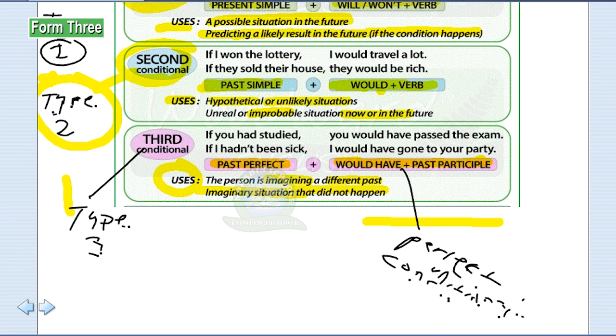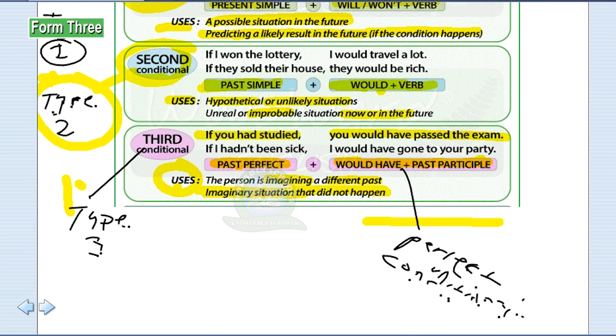Let's go back to the examples now. You know that third conditional, or type 3, contains two tenses, past perfect and perfect conditional. So the use is nothing else but it tells us an imaginary situation that did not happen. If you had studied hard, you would have passed the examination.